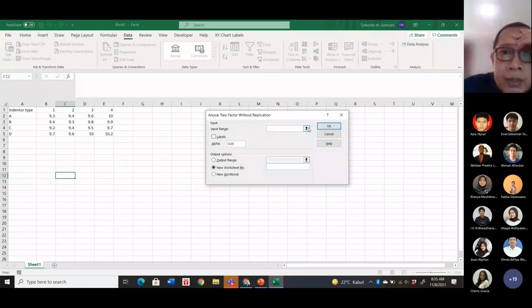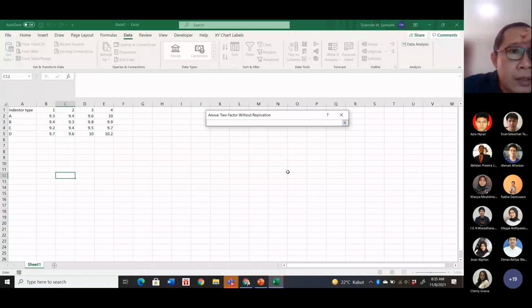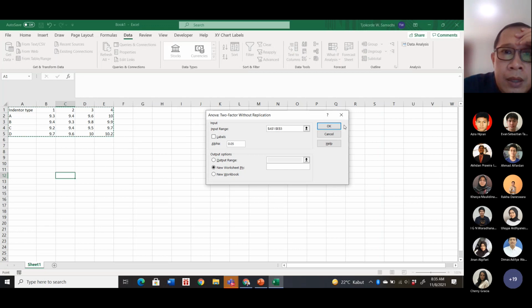Input range. Highlight everything there. You can also see the way I highlight my input range is I included the labels, for the row variable and the column variable.